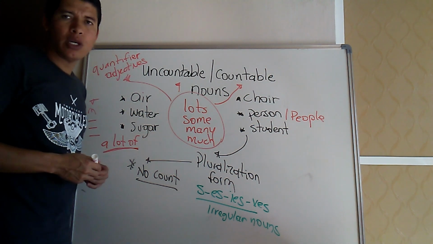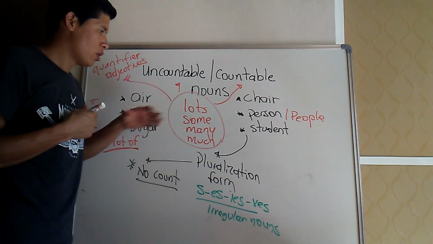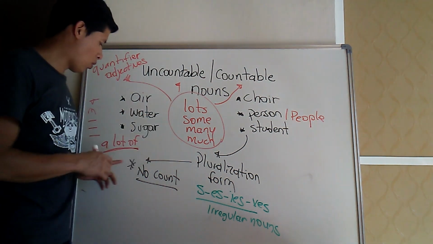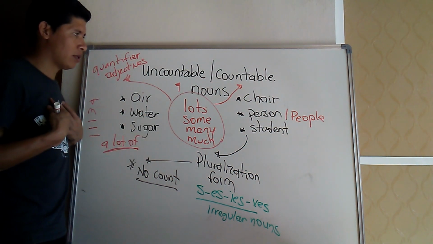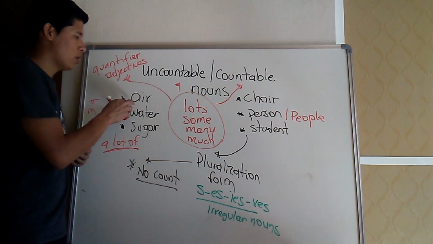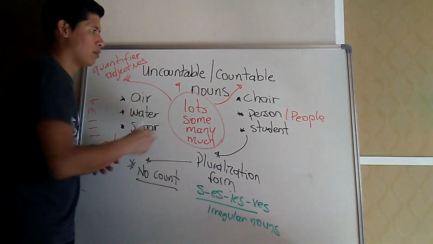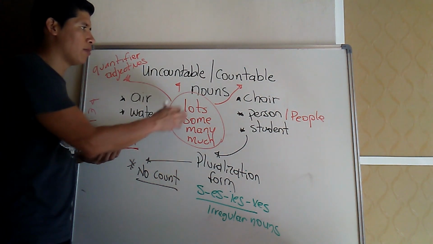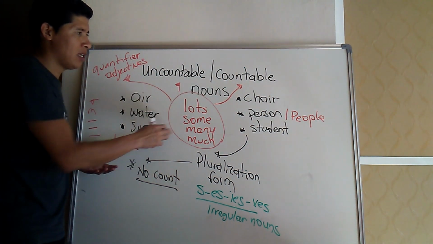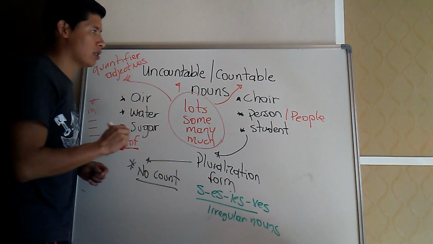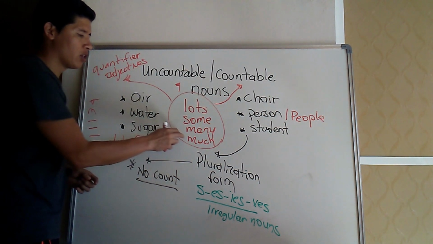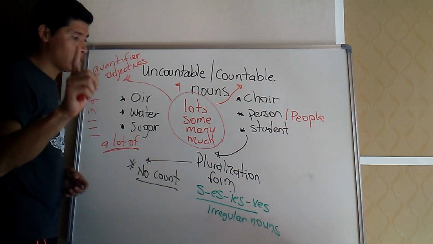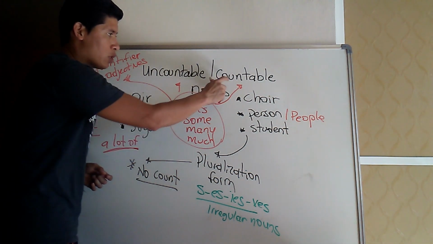We can use quantifier adjectives with uncountable and countable nouns. For example, lots or a lot of can be used with uncountable and countable nouns. Some is used with uncountable and countable nouns. Many is used only with countables, and much is used only with uncountable nouns. It's not correct to say much with countables.